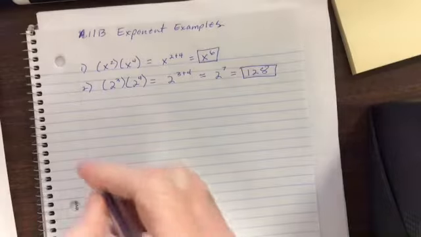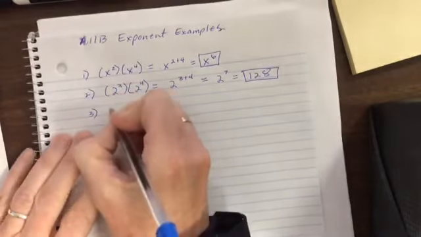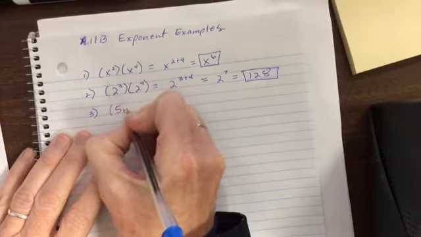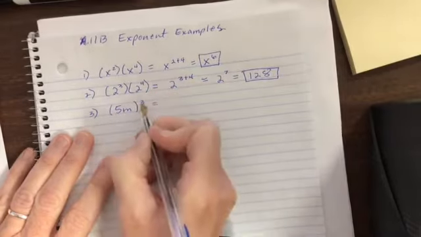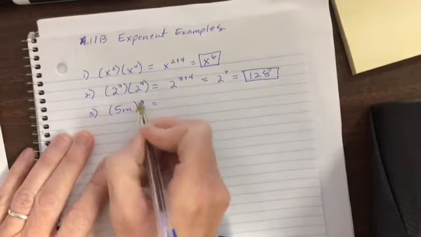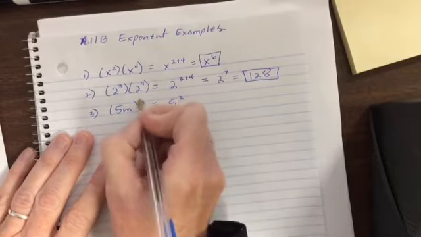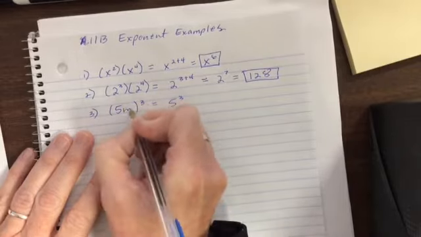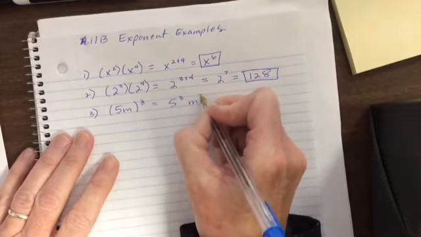Excuse me. Number 3. If you have 5m to the 3rd power, you need to distribute the 3. So this is going to become 5 to the 3rd power times m to the 3rd power.